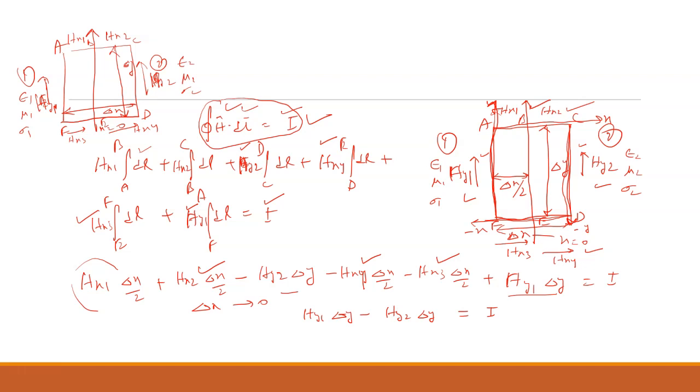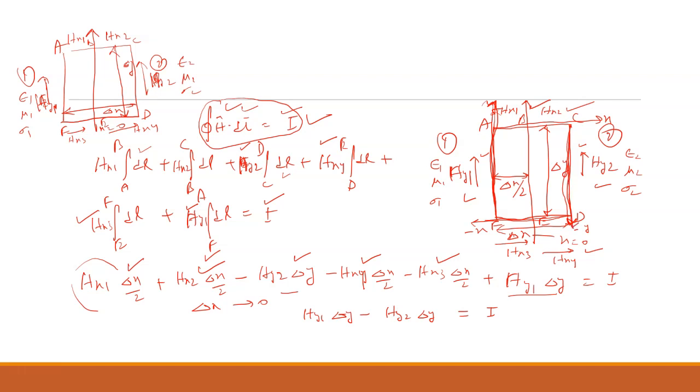Now we will solve dl. What is dl from A to B? Delta x by 2. From B to C? Delta x by 2. From C to D? Delta y, but with a minus sign. Why is there a minus sign? We are assuming here that from F to E is the positive direction. Then if I am moving from C to D, it will be a negative direction.